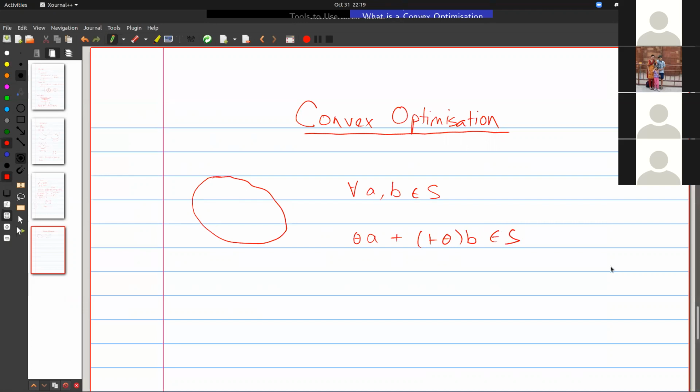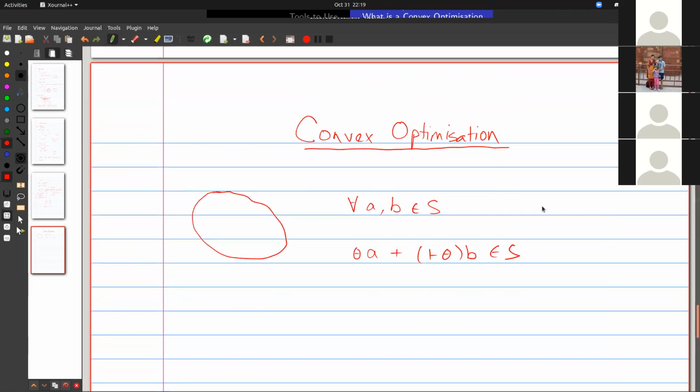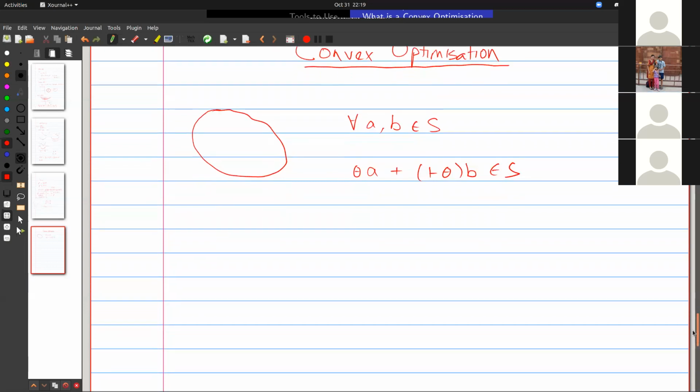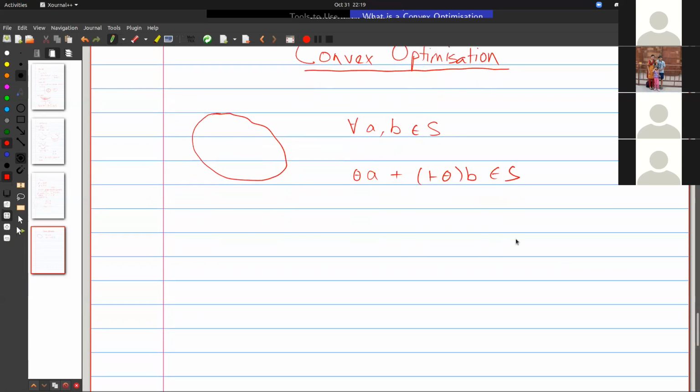Note that there's no constraint on theta, so theta can be anything. Geometrically, what an affine set implies is that given two points in the set, all the points on the line connecting them should also be in the set.